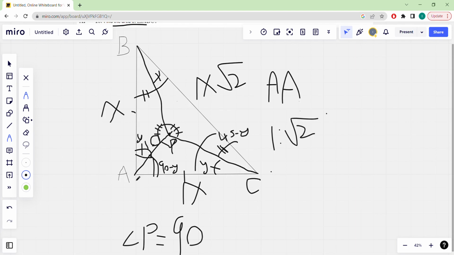Since AP is 10, and it corresponds to this angle, the side corresponding to the congruent angle of the other triangle will be this side length, BP, and it'll be square root 2 times 10. So this will be 10 square root 2.